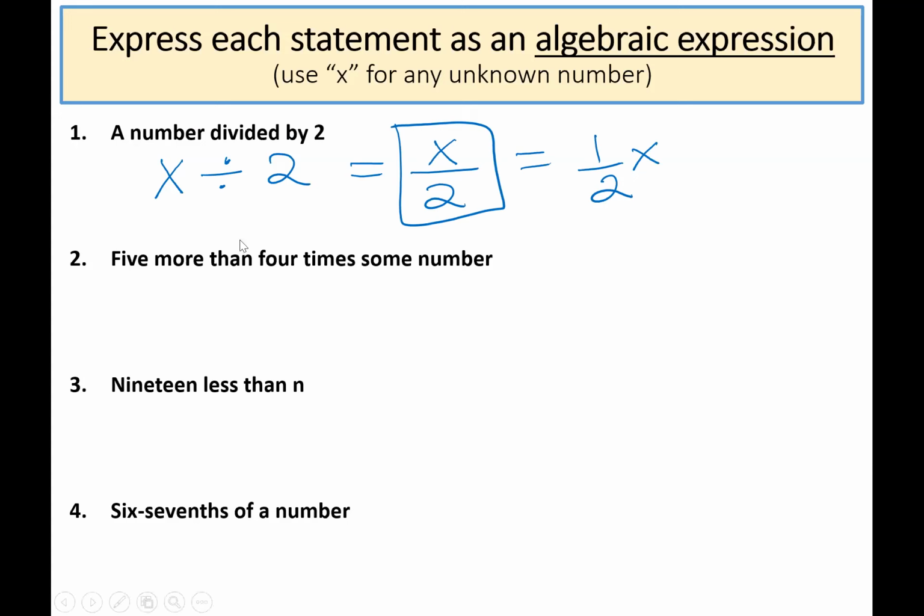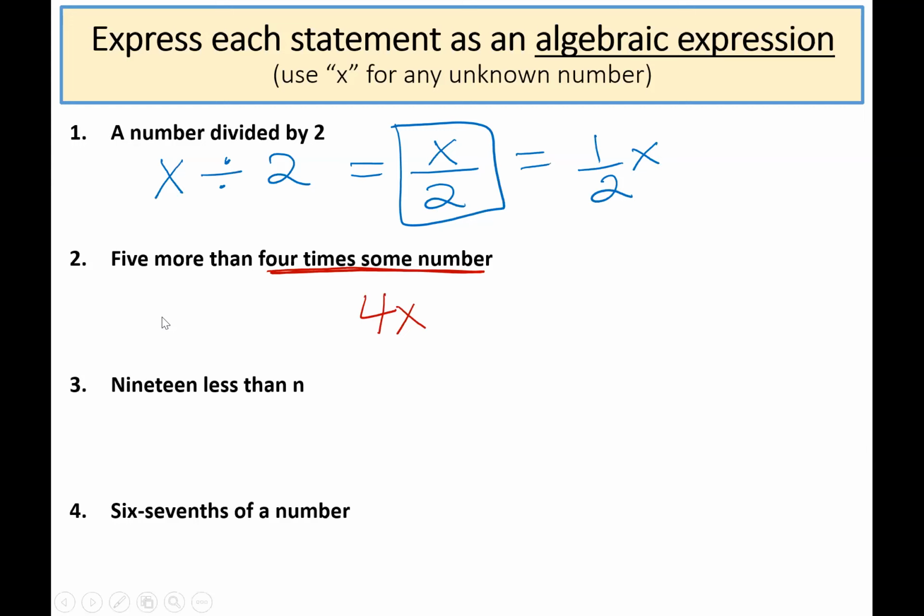All right, let's move on to problem number 2. 5 more than 4 times some number. Okay, let's read that again. 5 more than 4 times some number. Let's focus on this later part of the statement, 4 times some number. That can be just 4x.